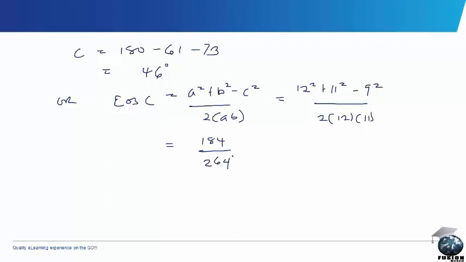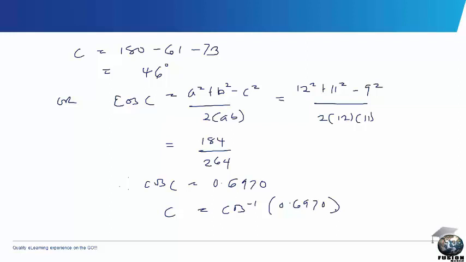And then when we divide out, the outcome is 0.6970. Therefore we can say cos C is equal to 0.6970, and so C is equal to cos inverse of 0.6970.